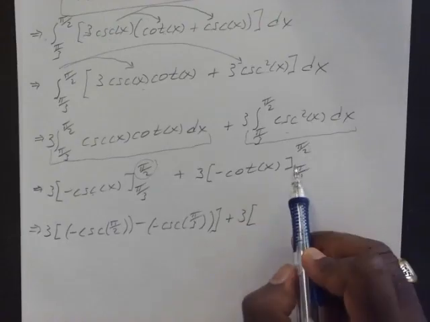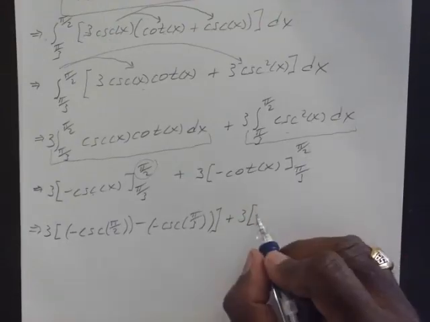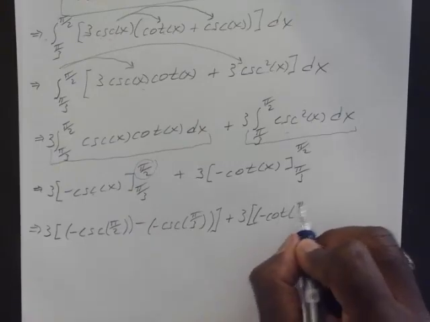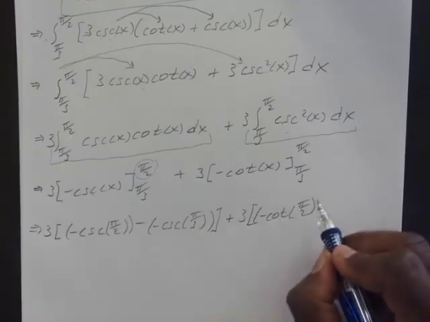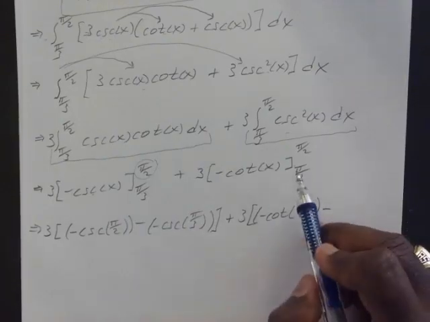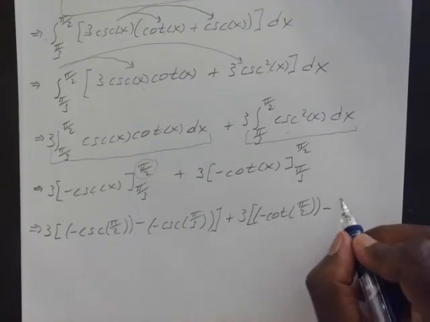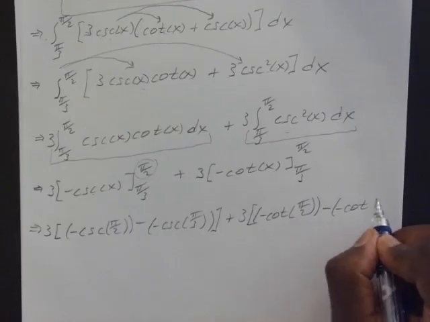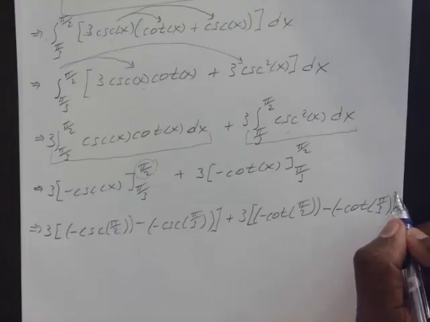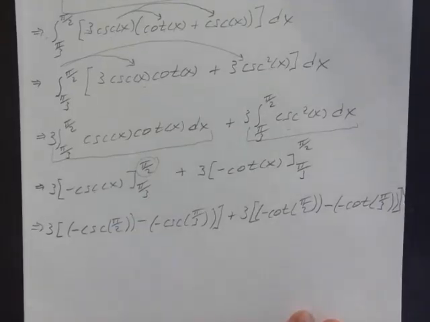We do the same thing here, apply the fundamental theorem, times negative cotangent of pi over 2 minus negative cotangent of pi over 3.